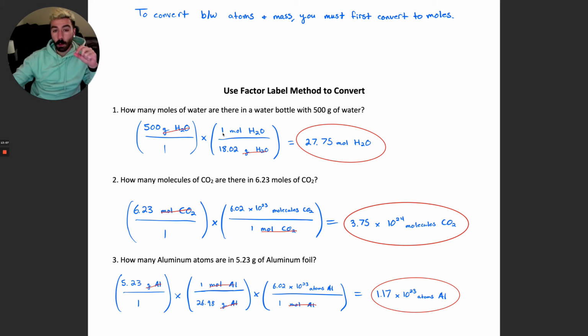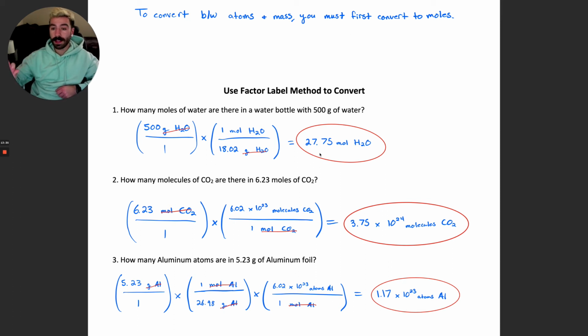And so in 1 mole of H2O, I will have 18.02 grams of H2O, because this is the molar mass, right? 2 hydrogens plus 1 oxygen. Oxygen is 16, hydrogen is 1.01, so there's 2 of them, so 18.02. I divide, I can cancel grams, and I end up in moles, and I get 27.75 moles of water.